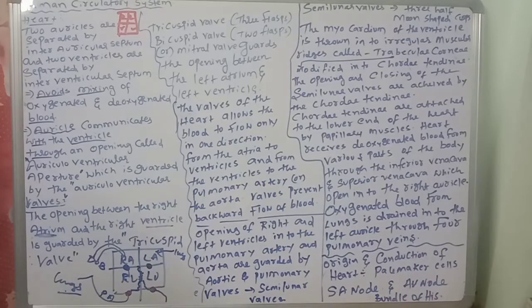In the conduction system we have the SA node, AV node, bundle of His and Purkinje fibers, which are helpful for the conduction of the heartbeat. The SA node is called the pacemaker, the AV node is called the pacesetter.